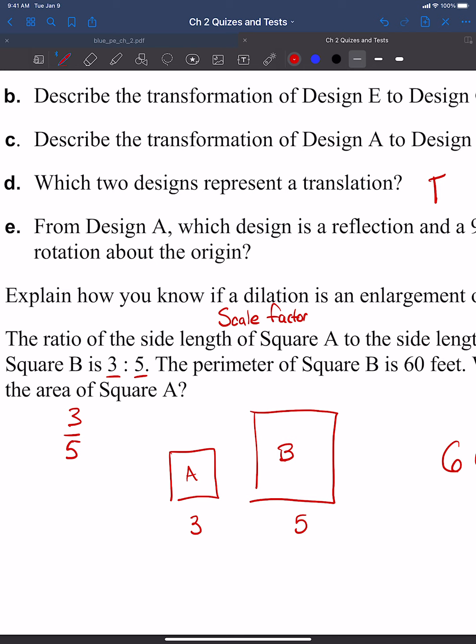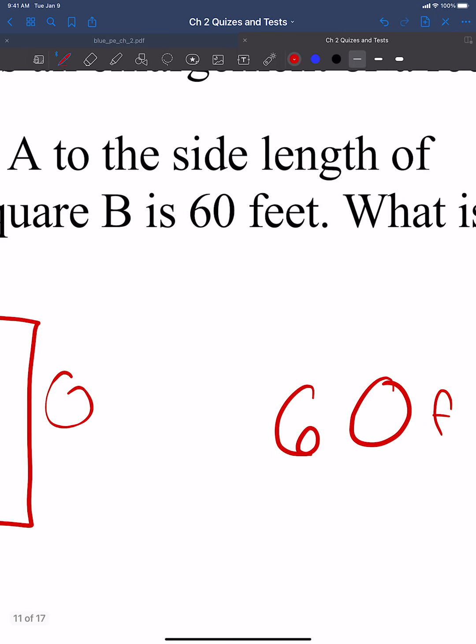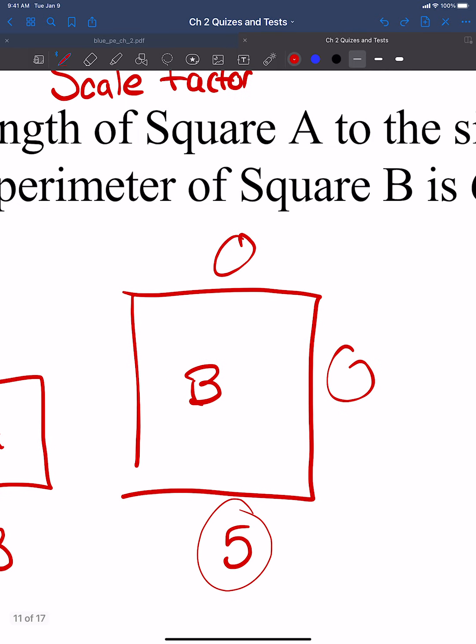Can we unreduce it so that I can find a number that added up 4 different times would get me 60? First of all, what number added up 4 different times would get you 60? 10 and 10 and 10 and 10 would be 40, so we're close. How about 15, 15, 15, 15? What's 15 and 15? 30. What's 30 and 30? 60.